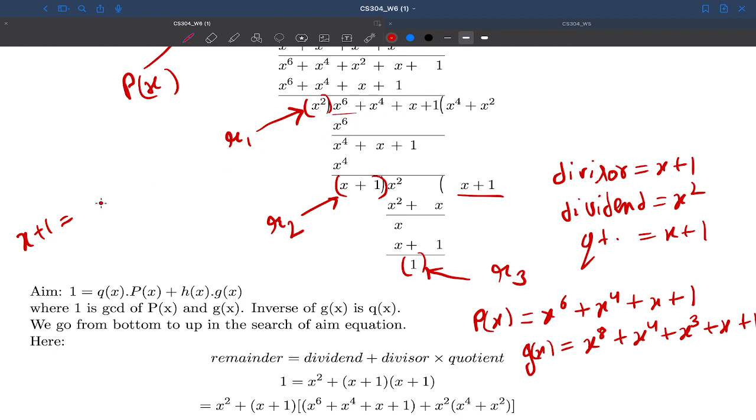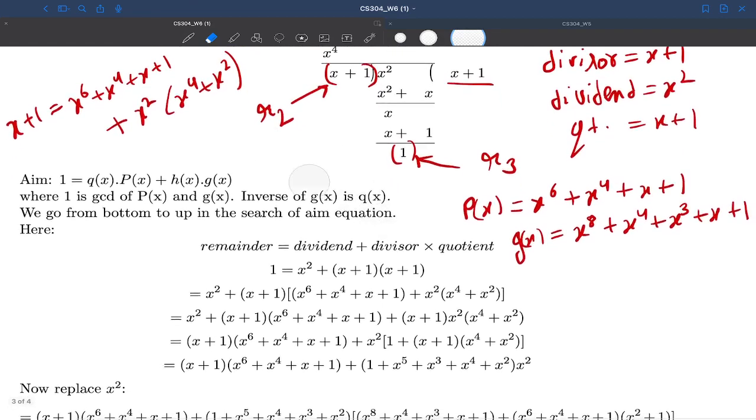This x6 plus x4 plus x plus 1, plus divisor times quotient. Divisor is x square. What is quotient? Quotient is x4 plus x square. Cool. Okay, this is the value of x plus 1.